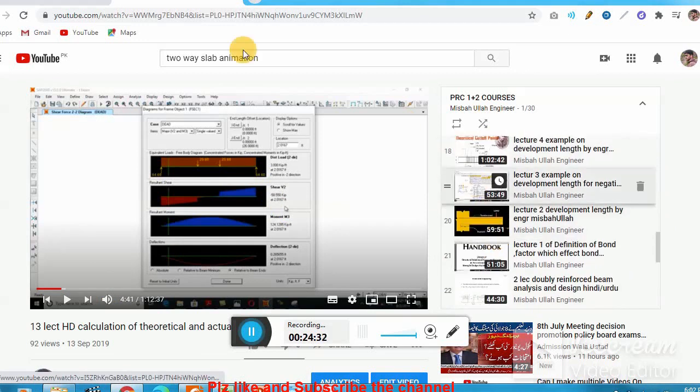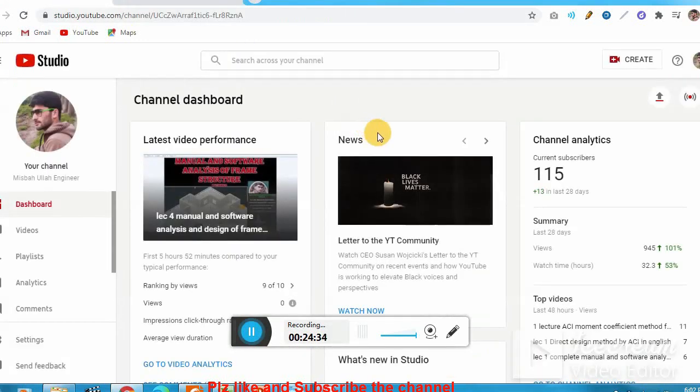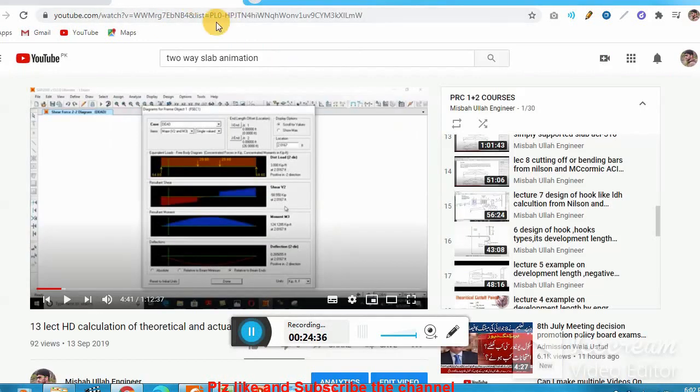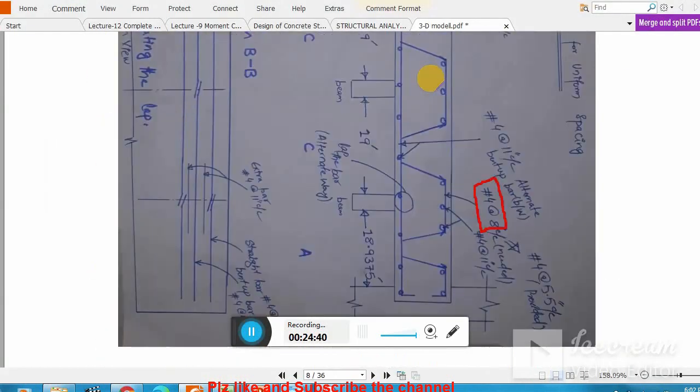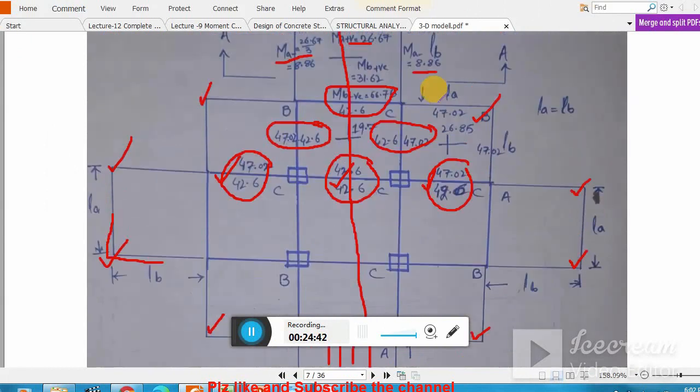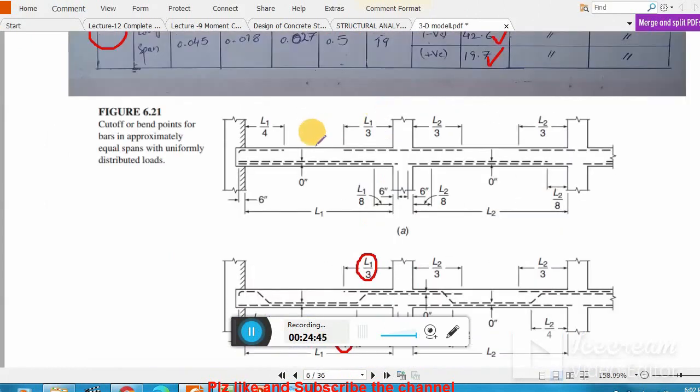Because remember that if you are bending the bars, like here you see these coefficients, these are approximate coefficients, and there are some constraints.